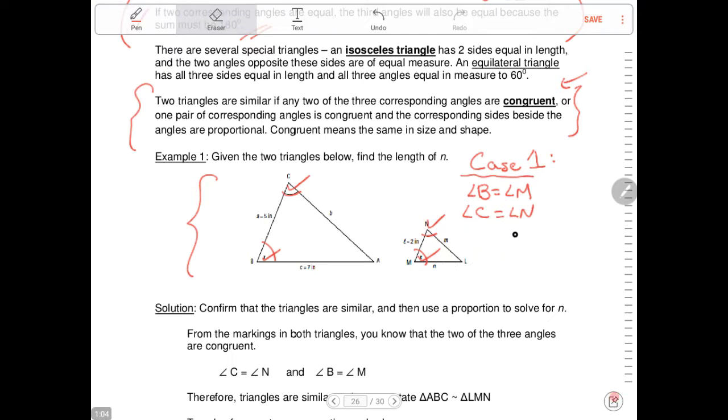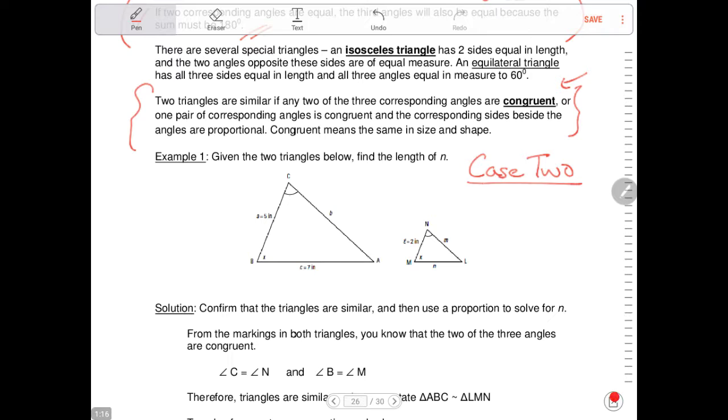Case 2, which is the second sentence there, and I'll try to make this a little easier for you. You have to read really carefully: you have one pair of corresponding angles and corresponding sides. So let's say this angle matched that angle, so you know that angle B is equal to angle M, and we've fulfilled that requirement.